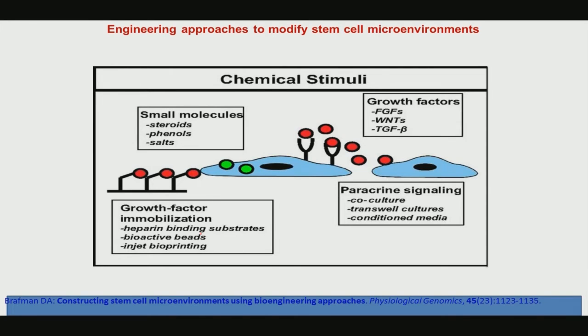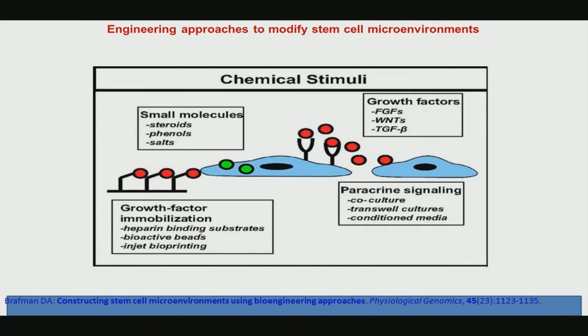Now, this slide is important in the sense that it shows the different signaling approaches, or different signal molecules and growth factors, and growth factor immobilization. Subsequently, I will show you how elastic stiffness and other physical cues can also be effectively used to guide stem cell differentiation.